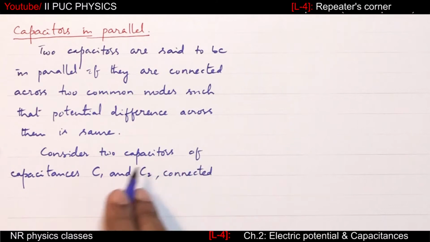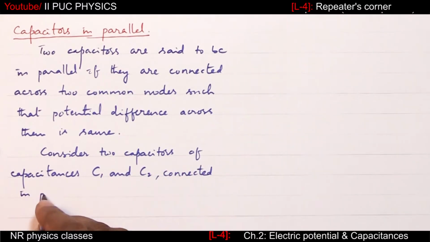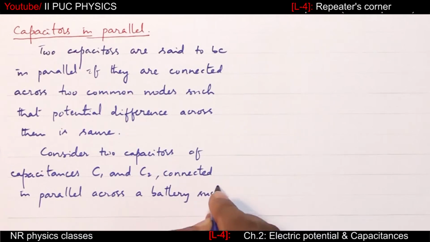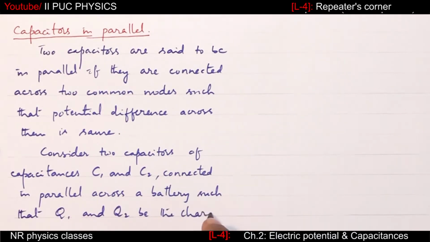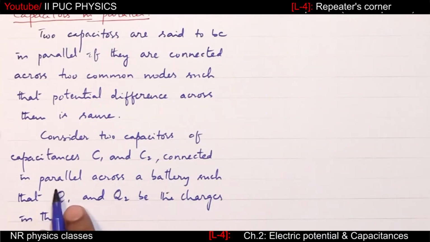Consider two capacitors of capacitances C1 and C2 connected in parallel across a battery such that Q1 and Q2 be the charges in them.